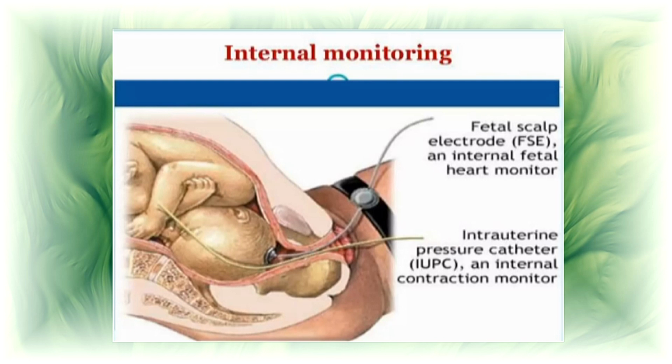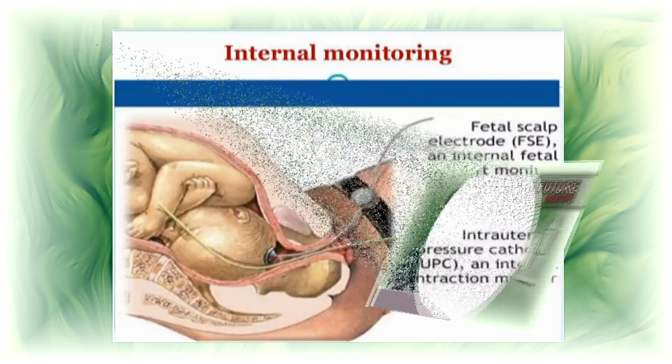Internal monitoring provides a more accurate and consistent transmission of fetal heart rate than external monitoring because factors such as movement do not affect it. Internal monitoring may be used when external monitoring of fetal heart rate is inadequate or closer surveillance is needed.